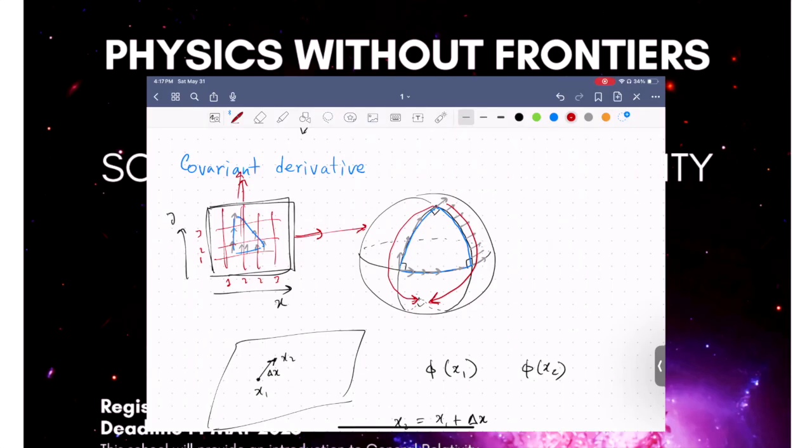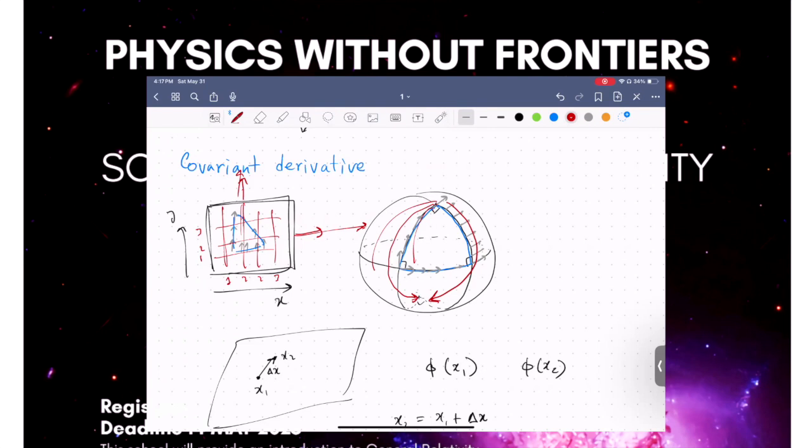So we cannot say that there is infinity in this x direction and infinity in the y direction. That's definitely not true. So if we want to put grids on S2, we have to use at least two different grids: one that covers the upper half, and another one that covers the lower half. This is a horrible picture, but the idea is that in order to describe S2, we need at least two different coordinate patches.